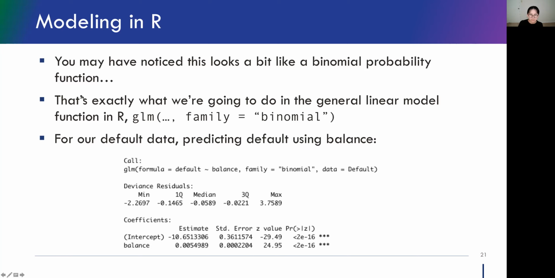So that's exactly what we are going to do in the glm function in R, where we specify family equal to binomial. For this Default data set, predicting default using balance, our model would be like this. This is our formula, and you have to specify family equal to binomial so that you are fitting a logistic regression model.